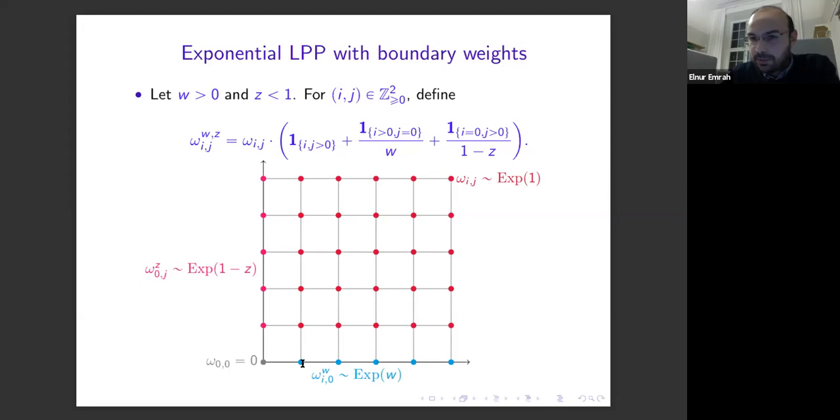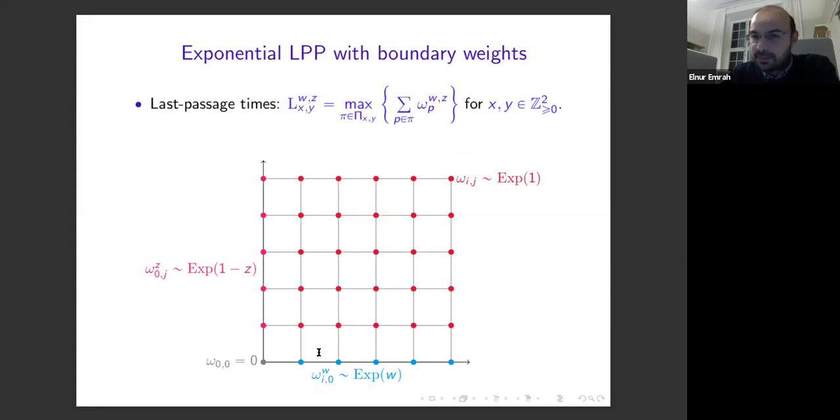For each weight on the horizontal axis, I multiply by 1 over w, where w is a positive number. This makes the horizontal boundary weights exponential w distributed. And for each vertical boundary weight, I multiply by 1 over 1 minus z, where z is less than 1. This makes the vertical boundary weights exponential 1 minus z distributed. And then the weight at the origin is irrelevant, and it's just set to 0.